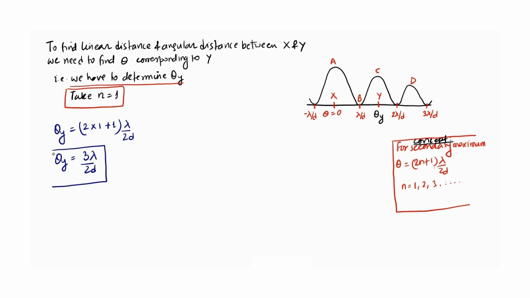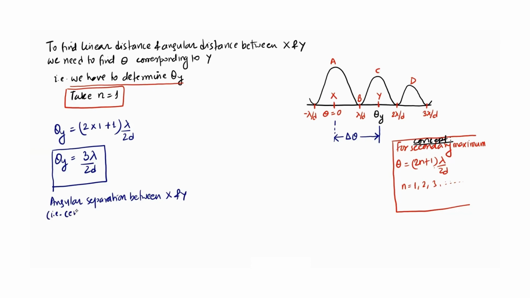So finally, we have obtained theta Y. Now, we need to find the angular separation between X and Y. So let the angular separation be delta theta. Angular separation between X and Y, clear?